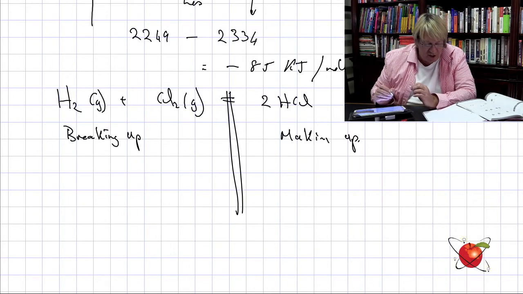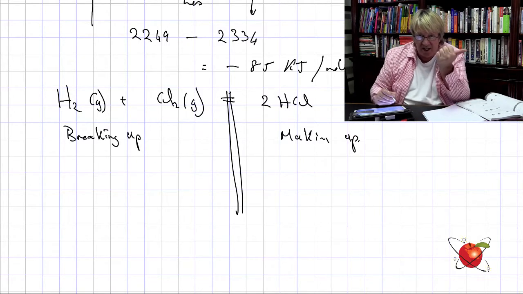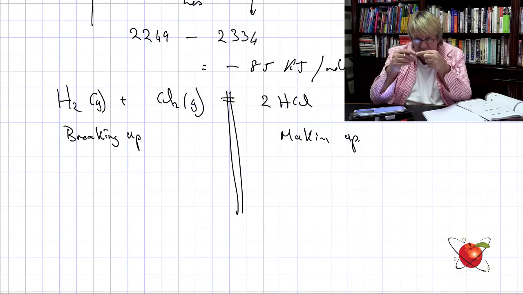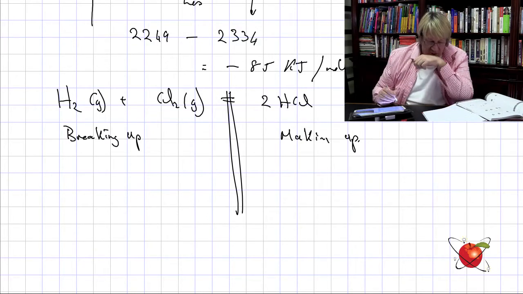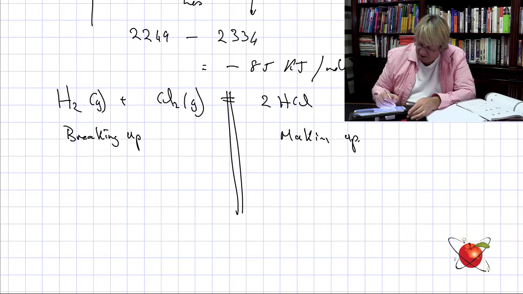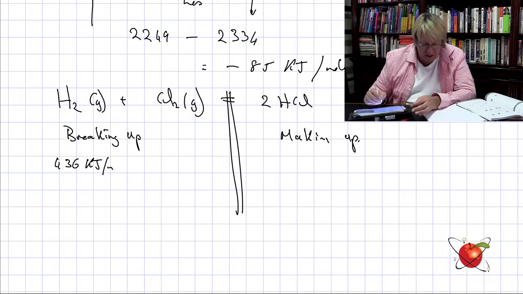So how much energy is required to do an H2? In other words, to pull one apart, we require 436 kilojoules per mole. To break a chlorine apart, we require 243 kilojoules per mole.